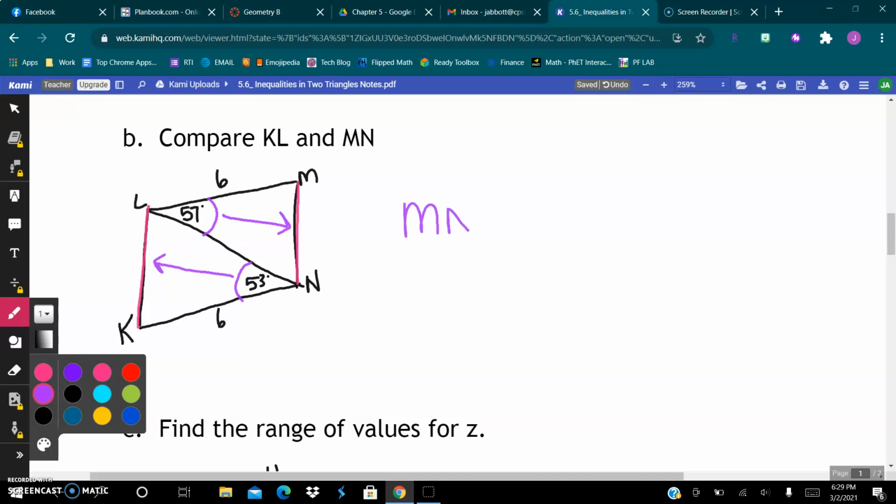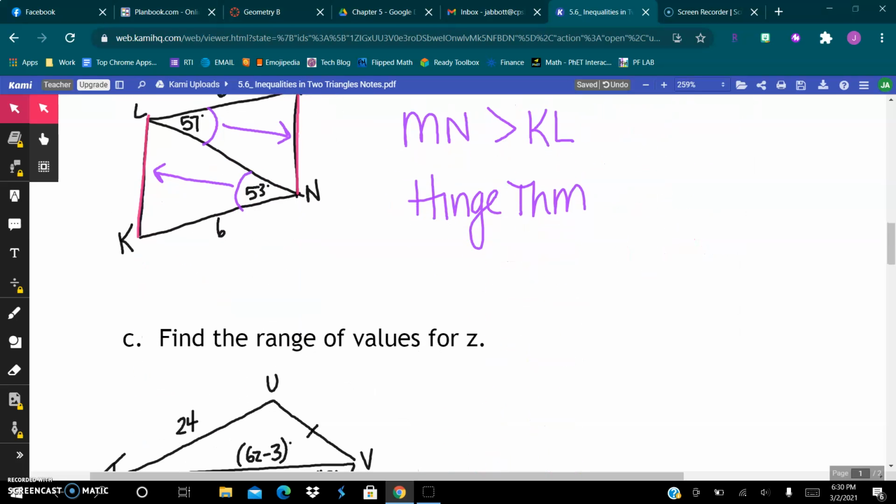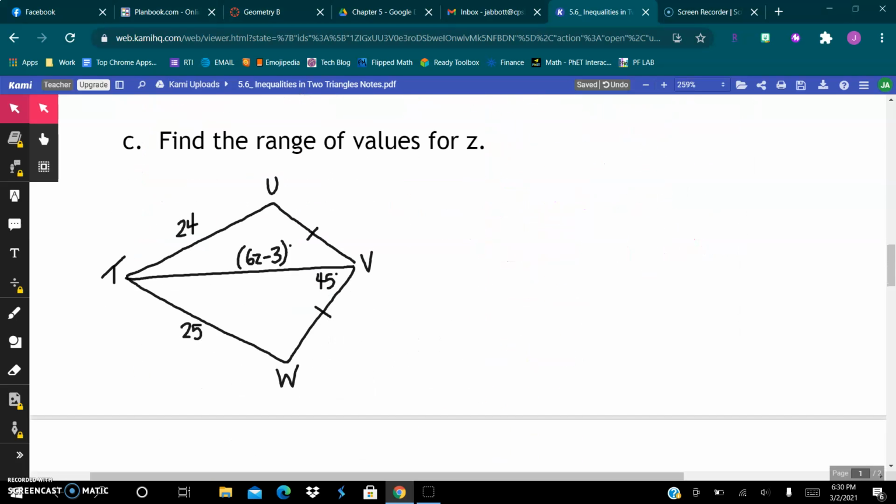So MN is going to be larger than KL, and that is because of the Hinge theorem. And remember, the Hinge theorem started with the angles, and we used the angles to determine the side lengths. So just like up here, the converse was we used the side lengths to determine the angles. So just the opposite.